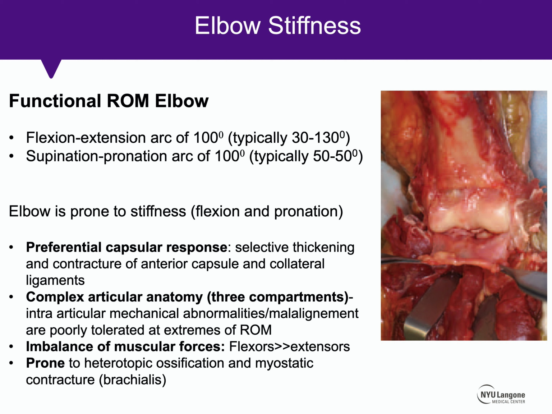The elbow has a complex articular anatomy, so intra-articular mechanical aberrations or malalignments are poorly tolerated, especially at extremes of range of motion. There is an imbalance of muscular forces, with the flexors being stronger than extensors, and the elbow is prone to HO and myostatic contracture, all of which contribute to increased predisposition to stiffness.